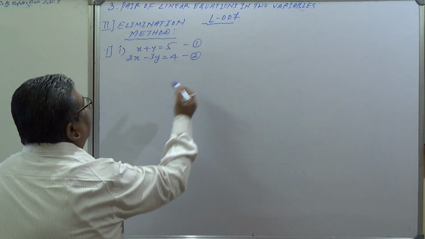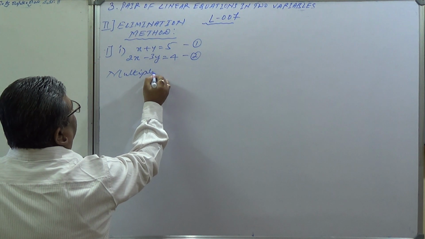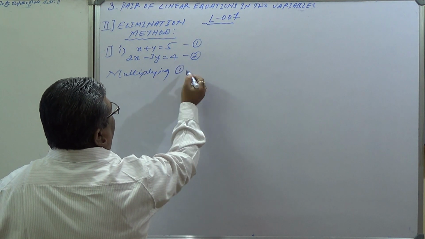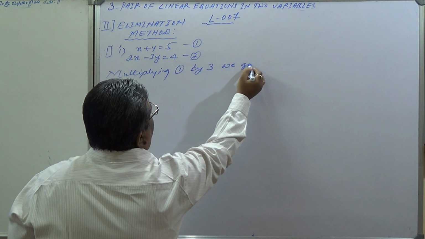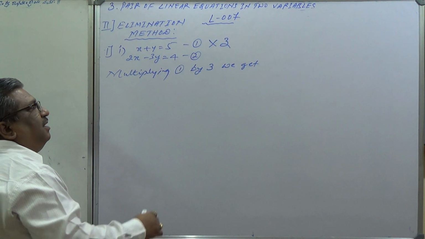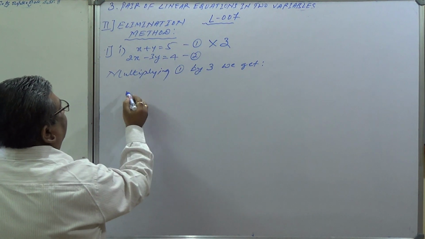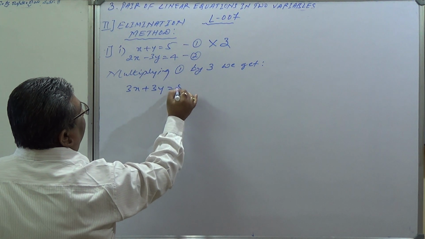So, multiplying equation 1 by 3, we get, so multiply this by 3. There also I can write it for our reference. So, multiplying 1 by 3, we get 3x plus 3y equals 5.